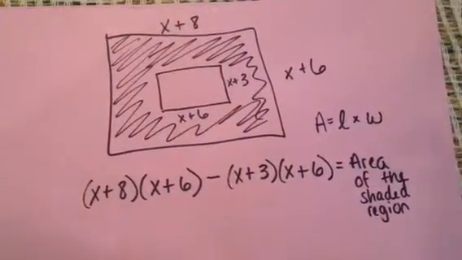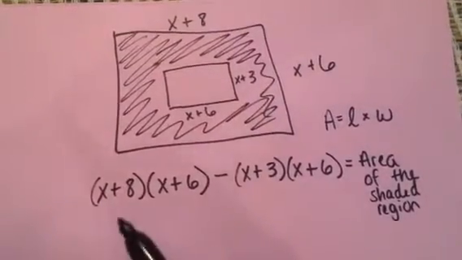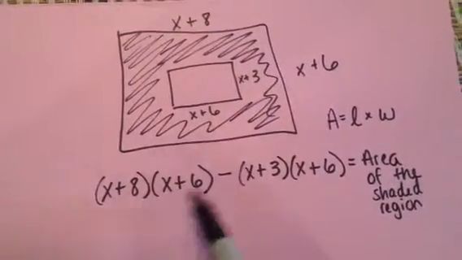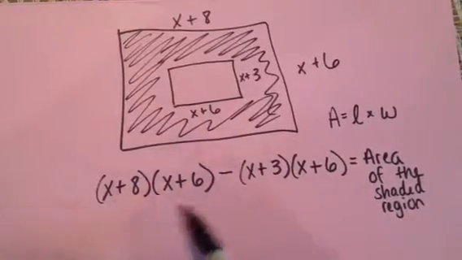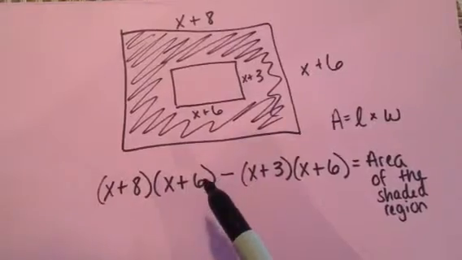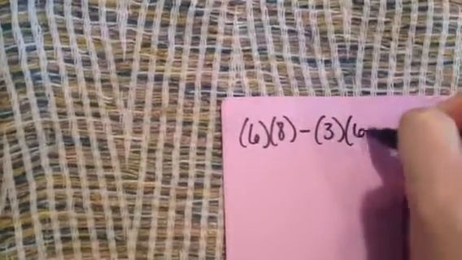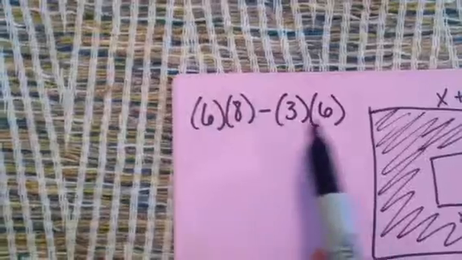Now they want me to simplify this expression, so I'm going to go ahead and do that. I remember that according to GEMS, I need to do multiplication. I see multiplication here and multiplication here before I do subtraction. Another way to think about this is if I just had some numbers, you can think about this problem very similarly.